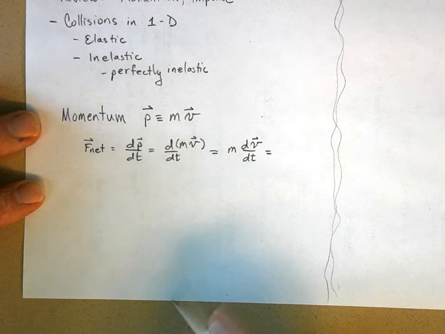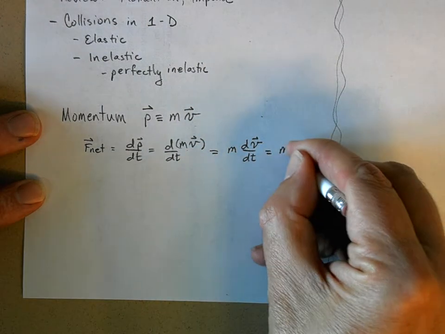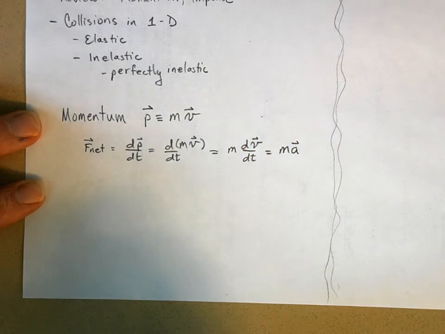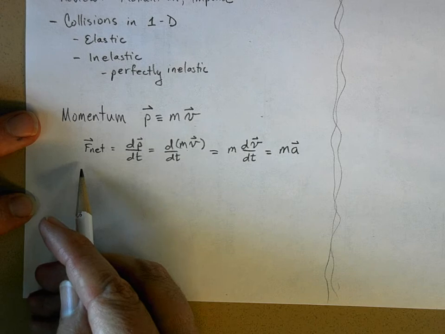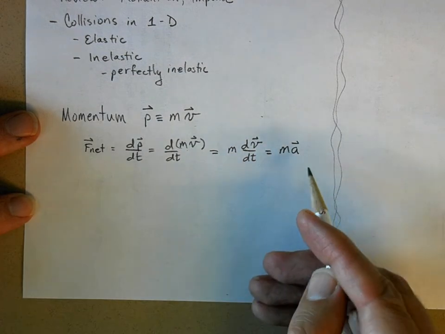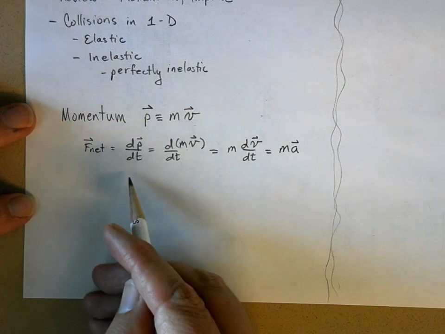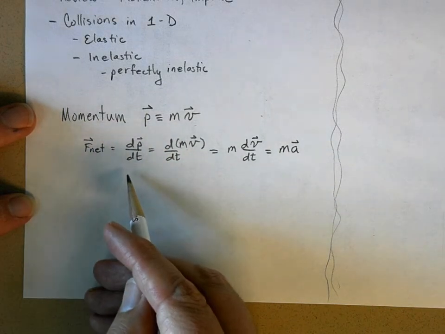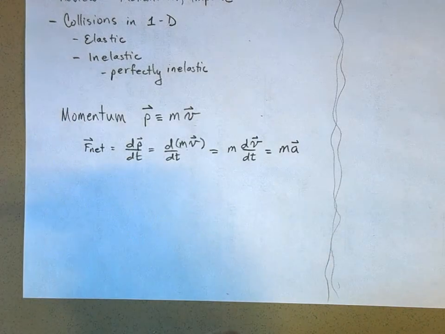And of course, dv/dt is acceleration. And so we get the equation, the net force is equal to ma, which is what we had before, but now that net force can be thought of as the rate at which momentum changes for an object due to a net outside force.